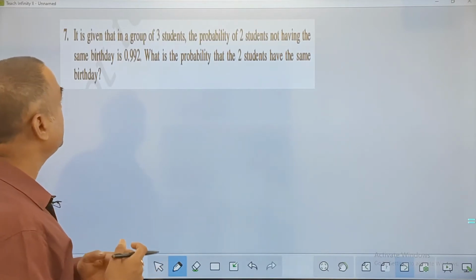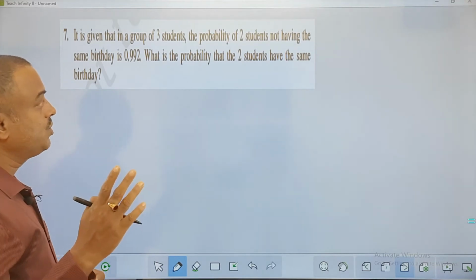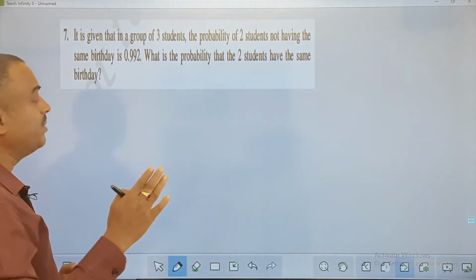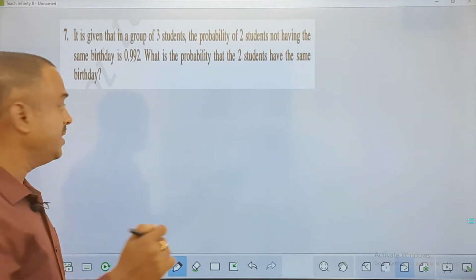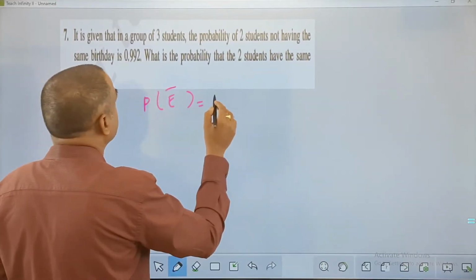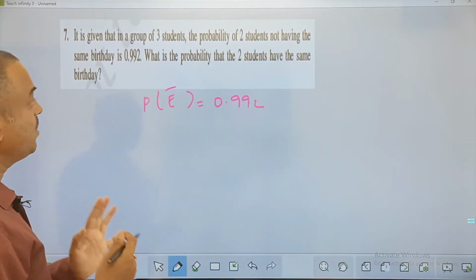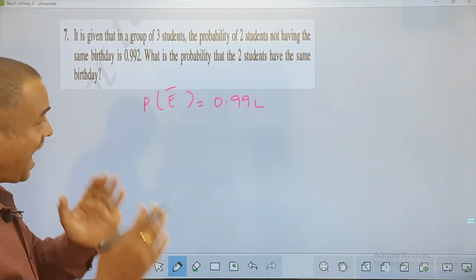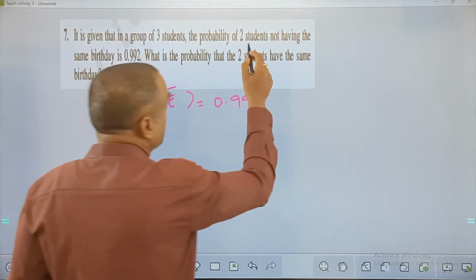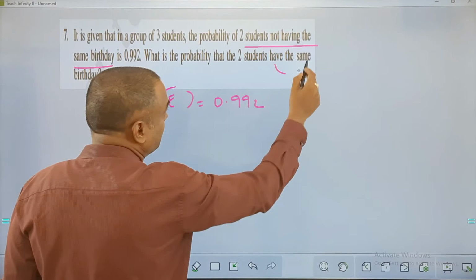It is given that the group is of 3 students, and the probability of two students not having the same birthday, P of E dash, let us take, is 0.992. What is the probability that 2 students have the same birthday? Here it started with not having the same birthday, and the question is to find having the same birthday.